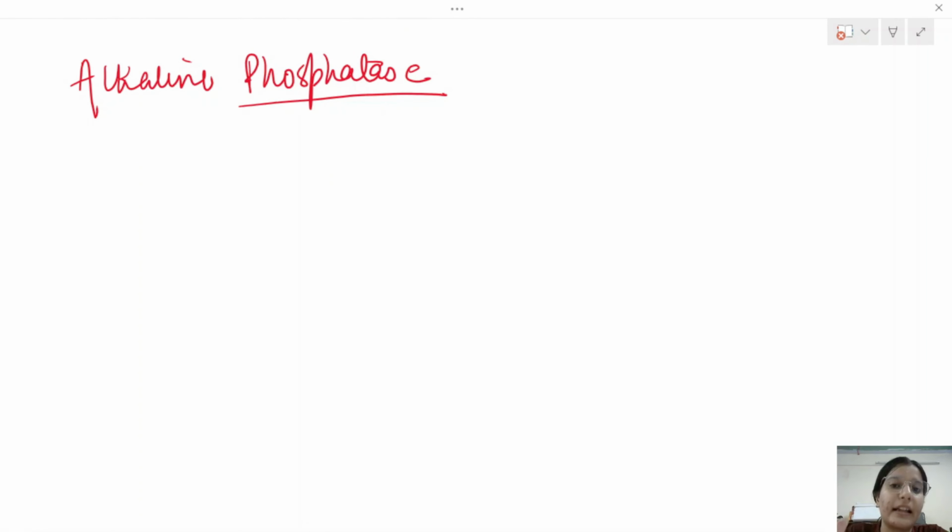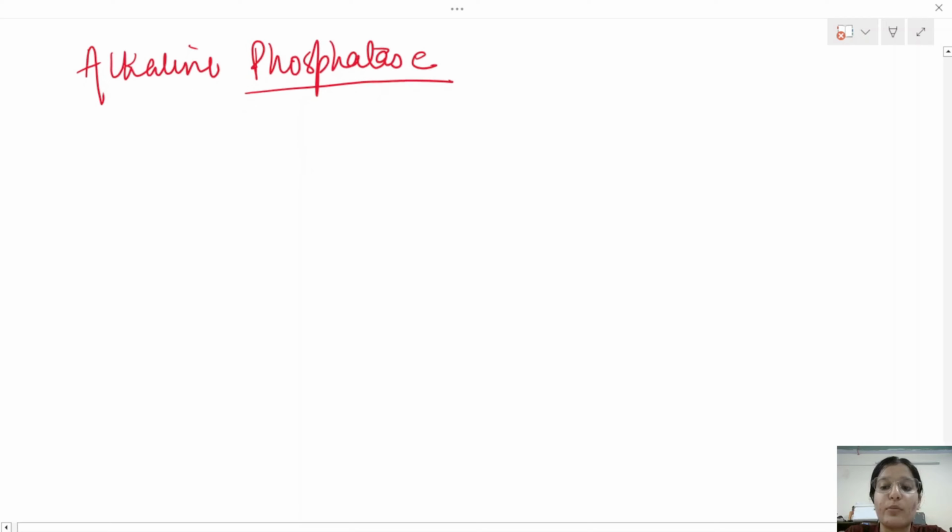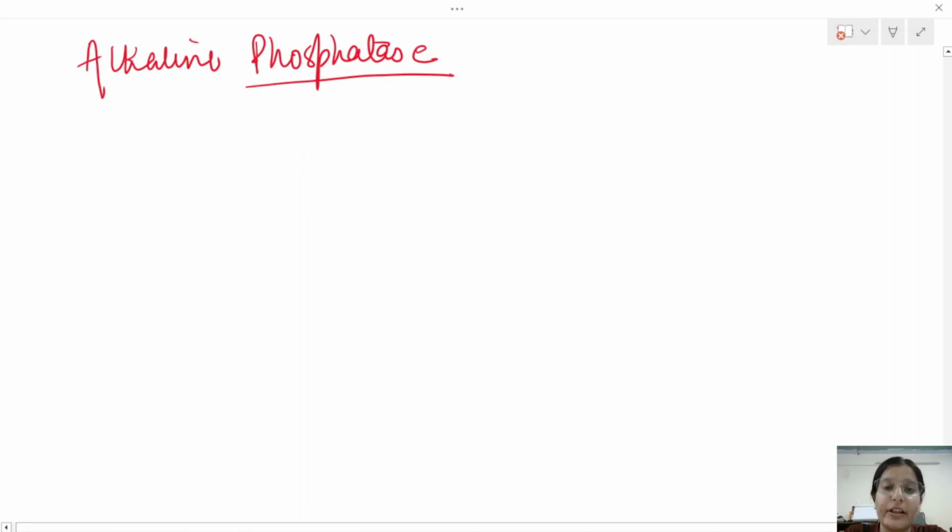The bacterial alkaline phosphatase is more stable than the calf intestine one, but it is less active.